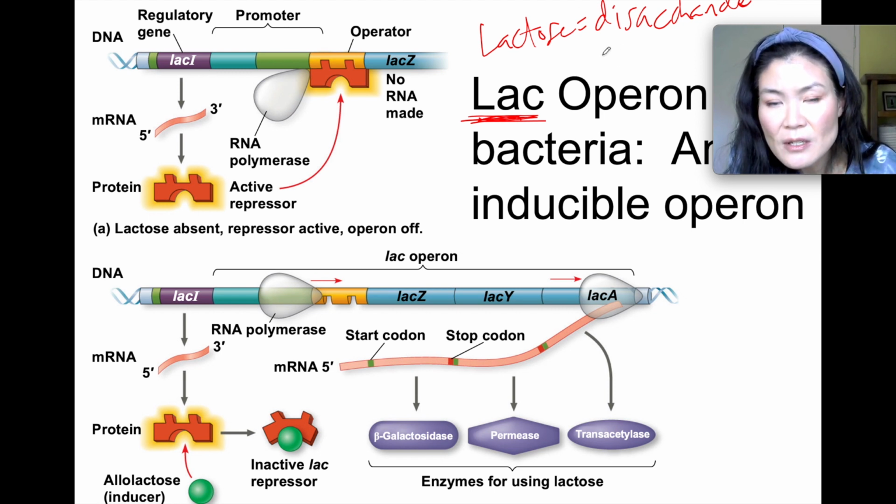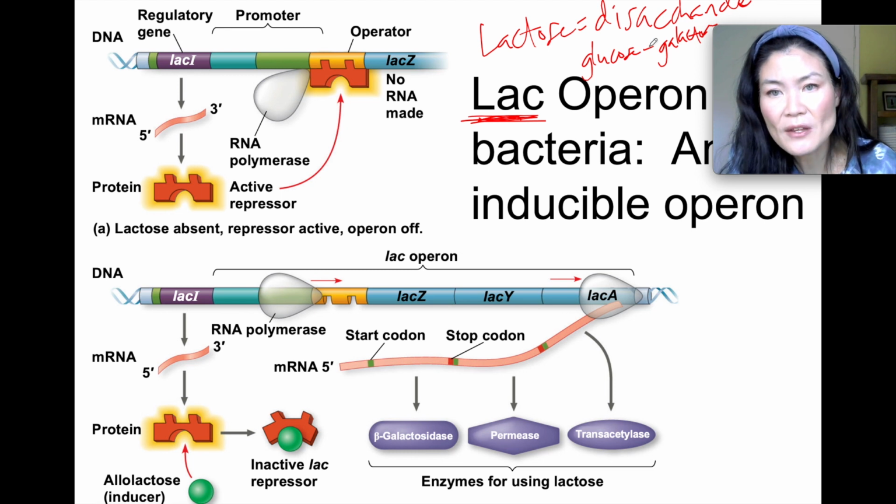So lactose, maybe I'll just draw it right over here. It's a disaccharide made up of glucose bound to galactose. So it's a disaccharide made up of those 2 sugars. And then those 2 sugars, in order to be digested, metabolized, and utilized by bacteria, they need to break that bond. They need to break that bond by using an enzyme.